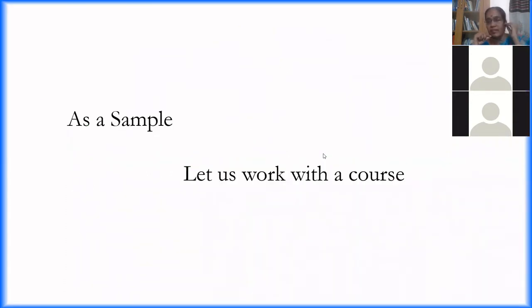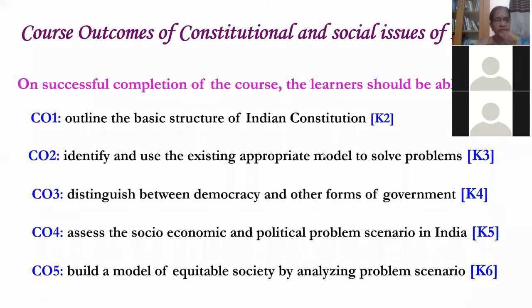So as a sample, let me work with a particular course. Course outcomes of constitutional and social issues of India. First, I am writing the course outcomes from K2 to K6. CO1 to CO5, I have chosen this as outline the basic structure of Indian Constitution, that is in the K2 level.